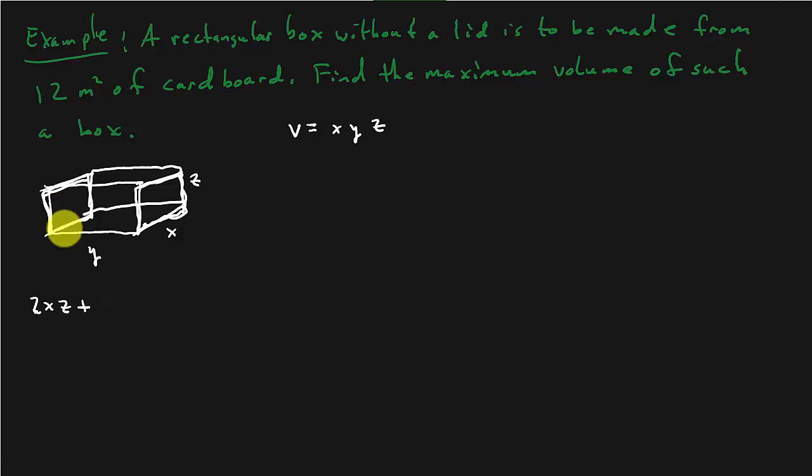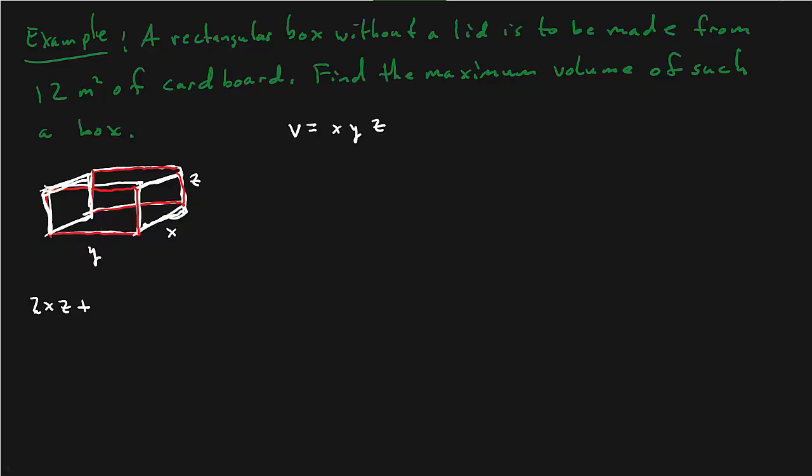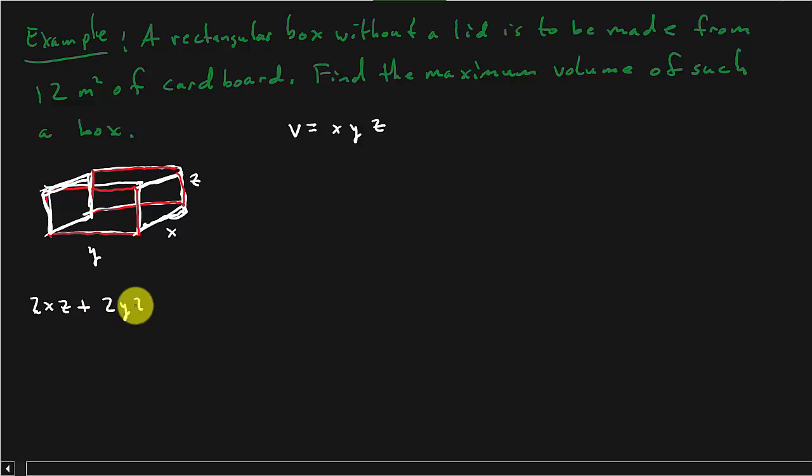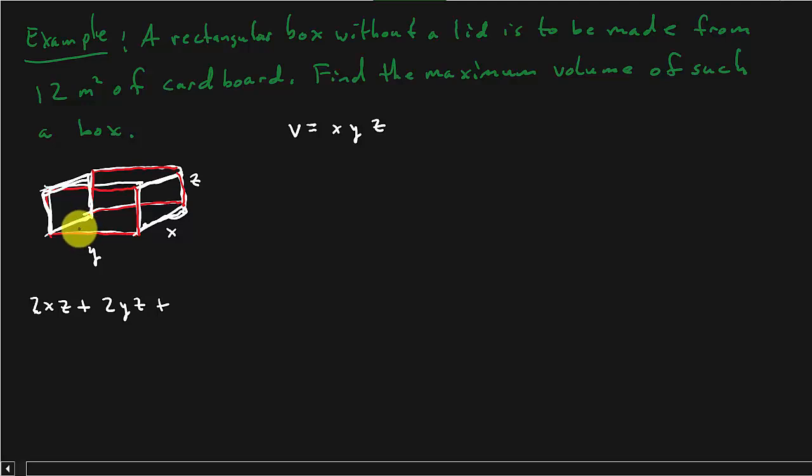And then plus this front face here, and we would also have the back face back here, right? Those areas are y times z, and we have two of them. So that's 2yz, plus the bottom, which is x times y, and that area there equals 12.